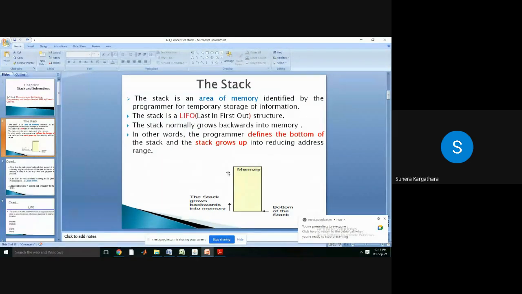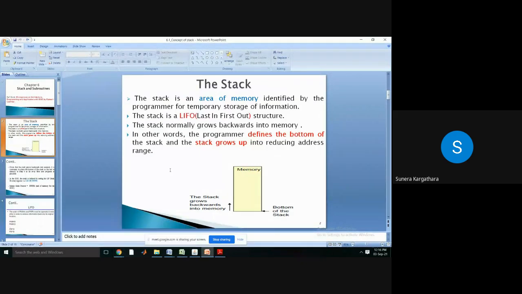Now out of this total memory, your stack you can define from any location to any location, right? The stack will grow upward, right? आप जो भी स्टैक पॉइंटर में स्टोर करोगे वहां से आपकी मेमोरी अप जाएगी.